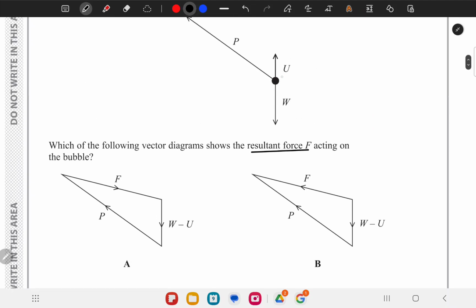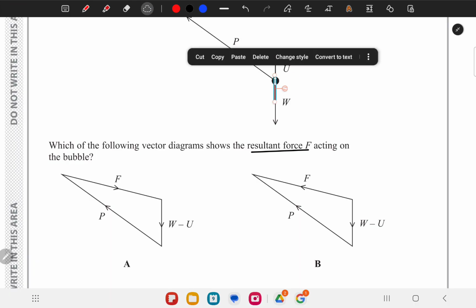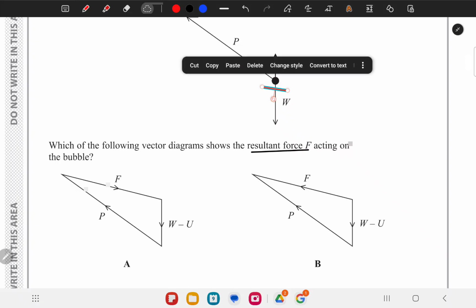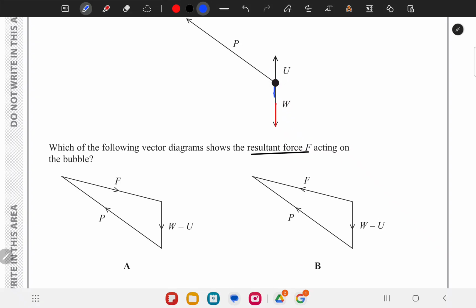So we can just find the difference between W and U. So subtract this length from W. We subtract that length, so we'll have this blue part as W minus U. So this part is W minus U and that is P.